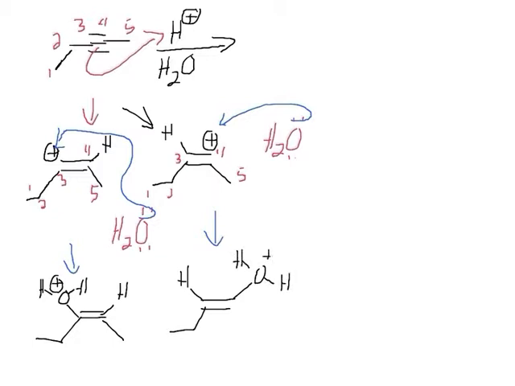Then H plus, and when we regenerate the catalyst, H plus goes away. So there's technically two types of enols that we could form, which also means there's two types of ketones we could form in the end. That's why there's two enols, two ketones.